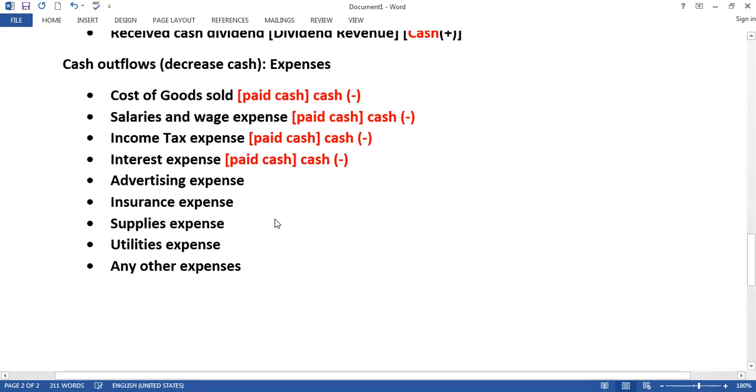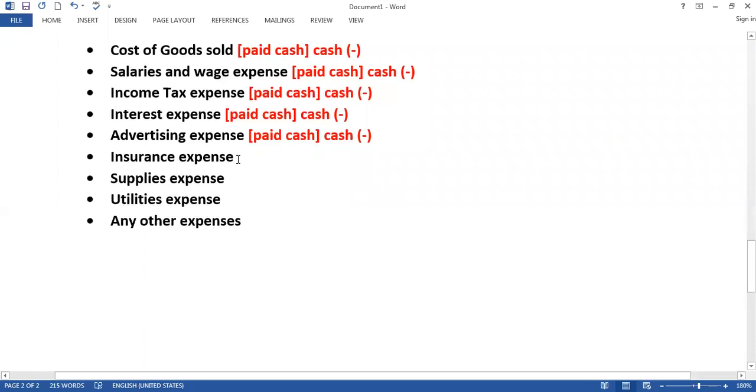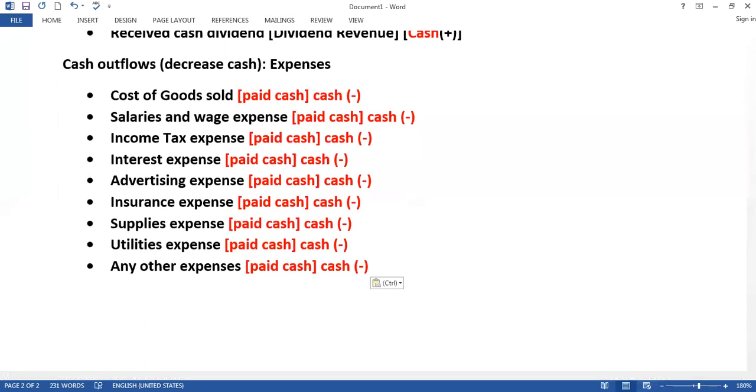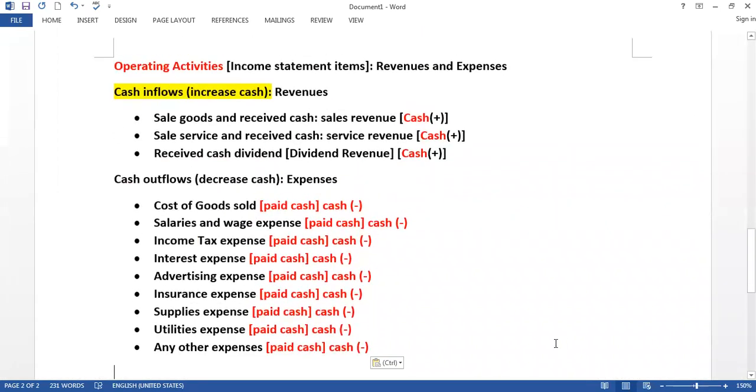Do you understand my point? Sometimes your company pays cash, sometimes your company does not pay cash. If your company pays cash, your cash will decrease and we will record it under cash flow statement.